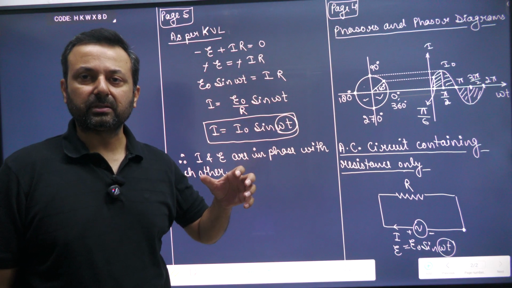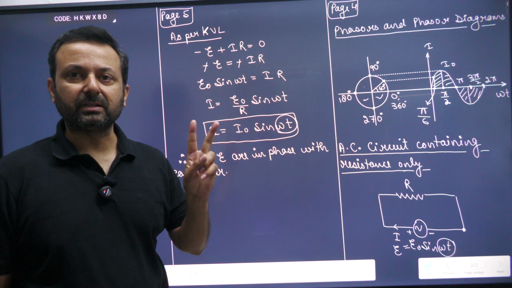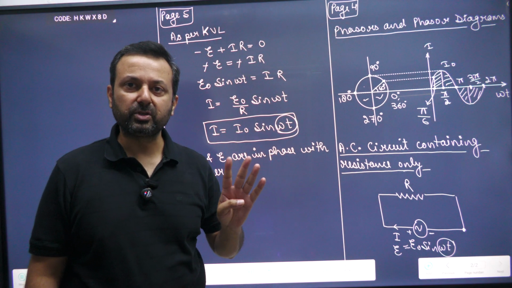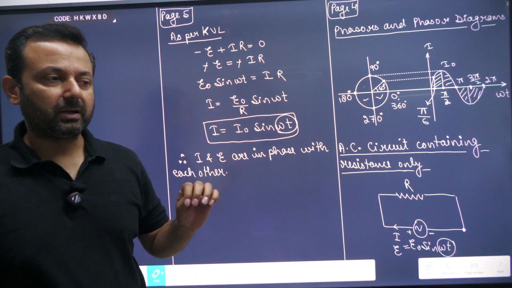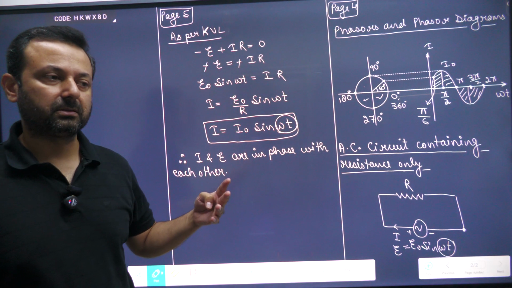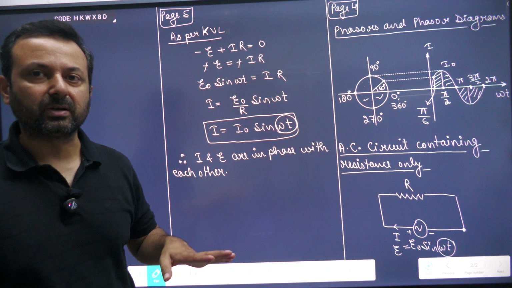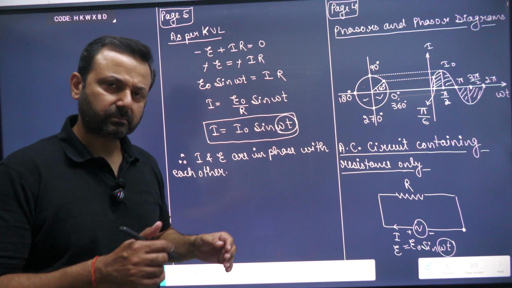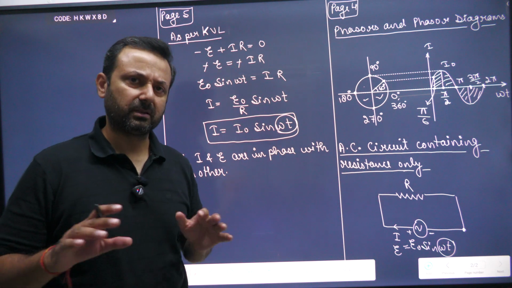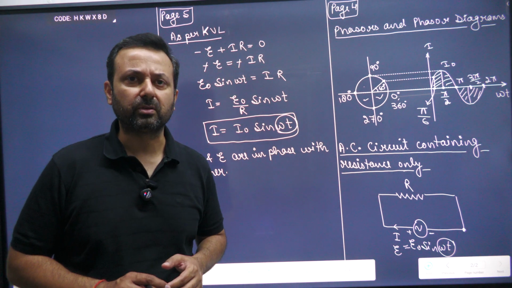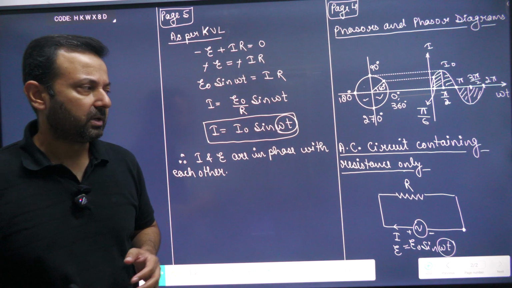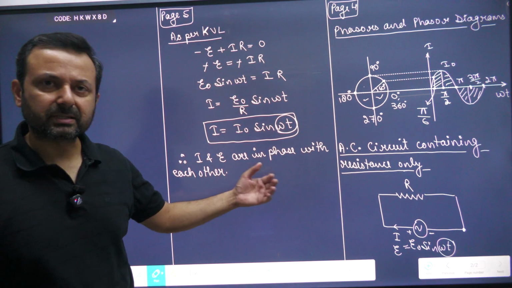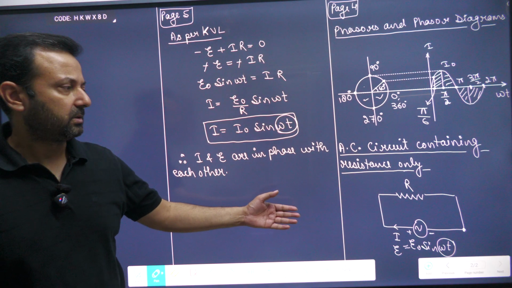After that, we will study the combination of resistance, inductance, and capacitance. So in total, I will teach you four types of circuits, and questions will come on those four types of circuits. I have included numericals in my notes, and when you do those numericals, slowly you will gain confidence. Sometimes they also ask derivations.